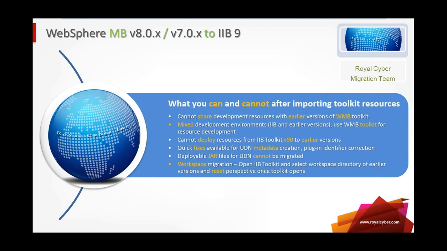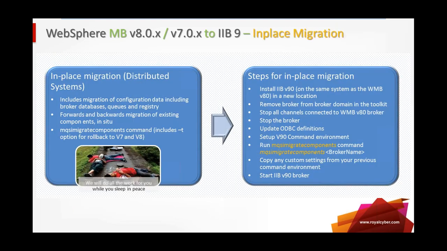Okay. Now we are moving to the next slide, which will talk about the steps required for the in-place migration. If you talk about the in-place migration, it means both the brokers exist on the same machine. That is what the in-place migration is, right?